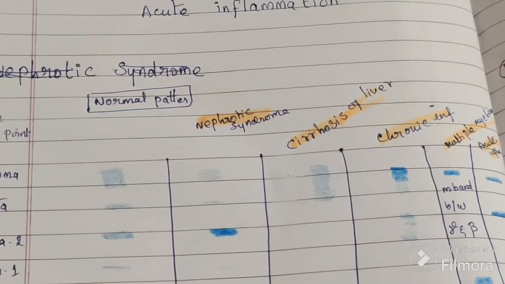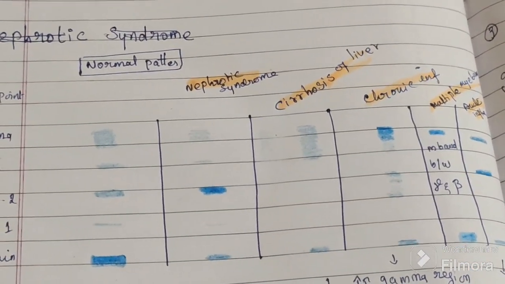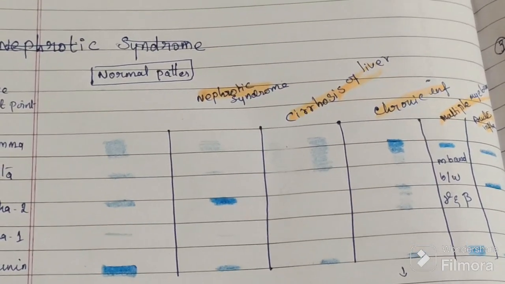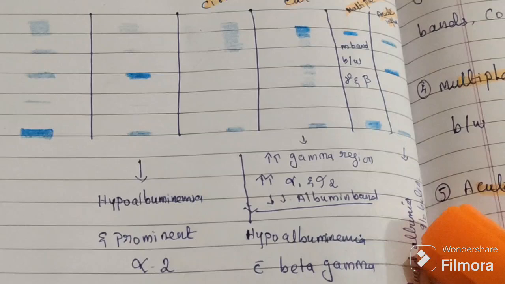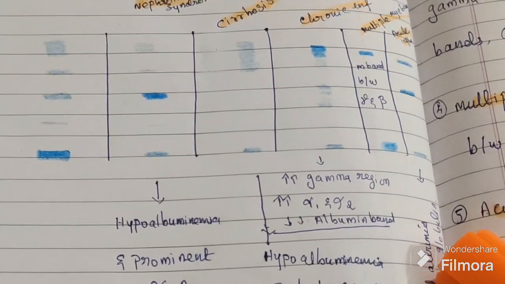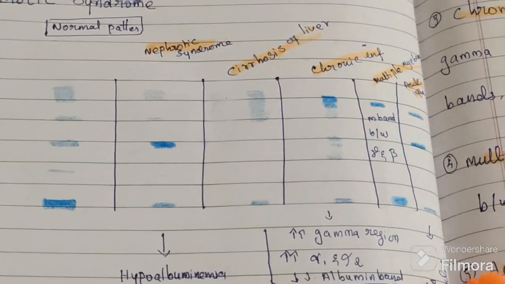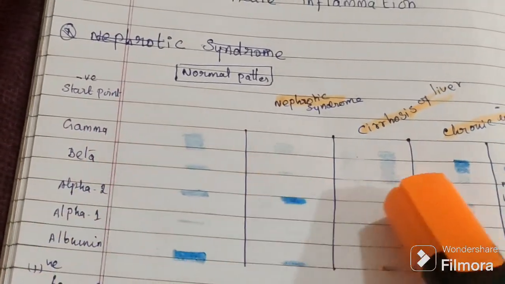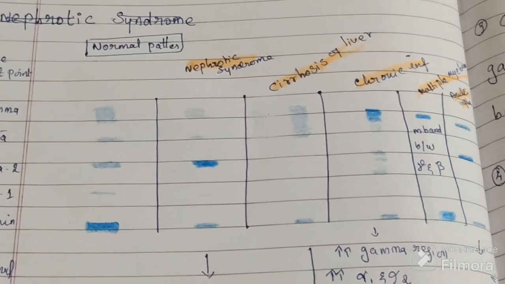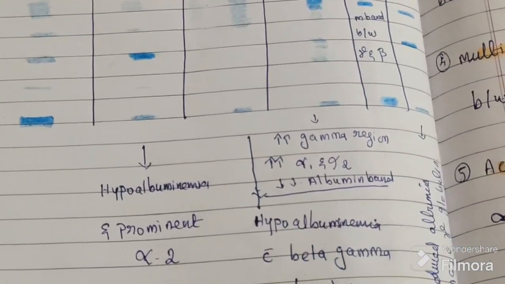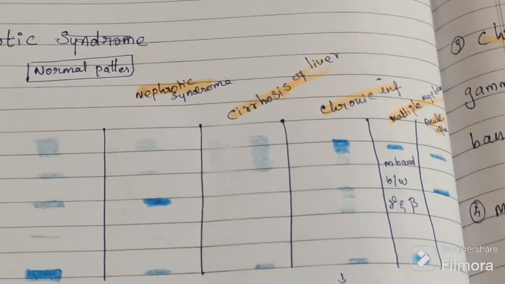In cirrhosis of liver, albumin production decreases, which leads to hypoalbuminemia. Here also it leads to a hypoalbuminemia condition, as well as a beta gamma bridge. So in this condition, there is hypoalbuminemia with a beta gamma bridge.